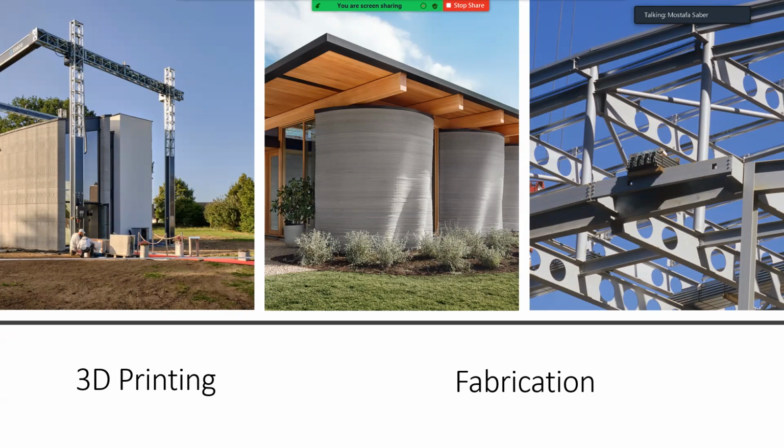Of course, in construction, fabrication has been used for many years, at different levels of building. You could have minor components that are fabricated and then assembled on site, or probably a full building unit, or a full building itself fabricated in a factory and then shipped to site.